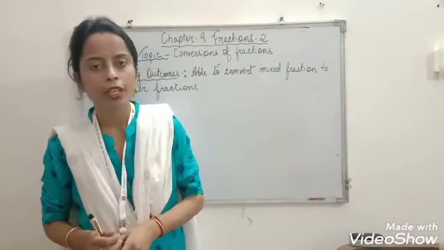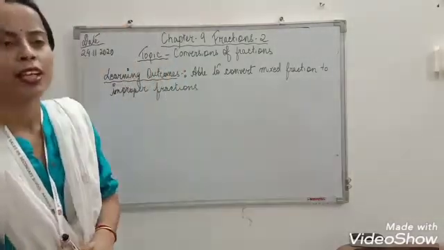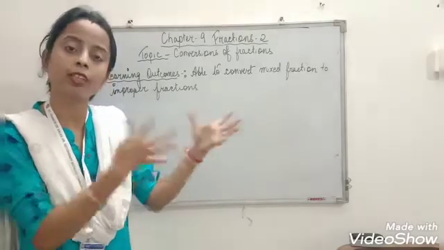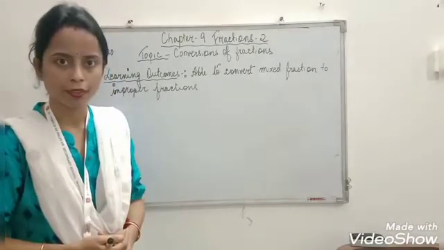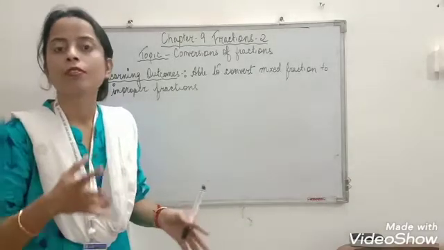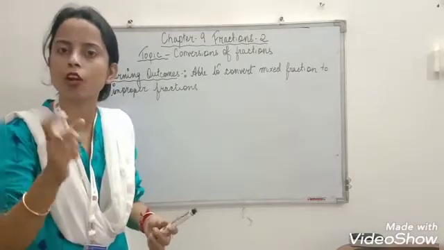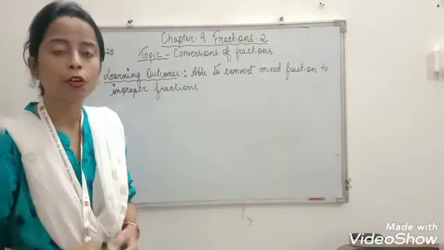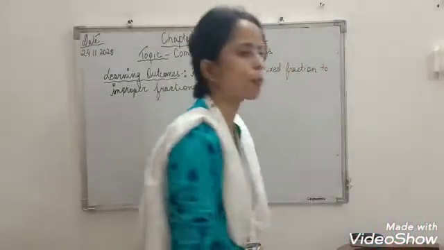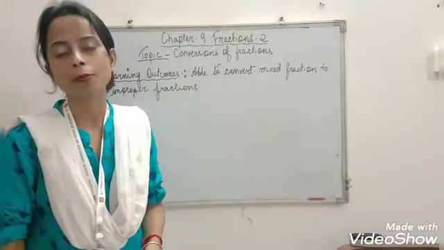Okay, children? So, before starting our today's class, let's do a quick recap of the topic which we have learned in our previous class. I have taught you definitions of proper, improper and mixed fractions along with the examples. So tell me, what are proper fractions?